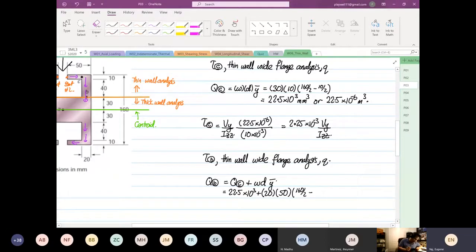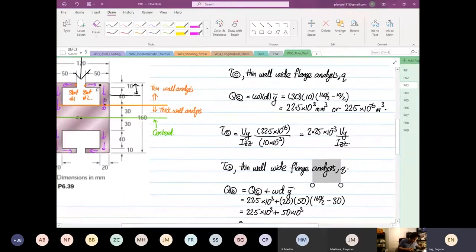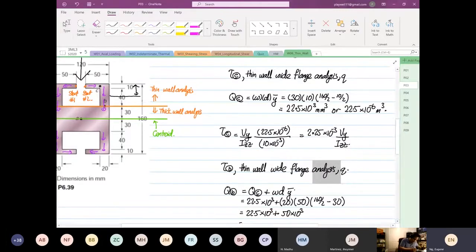So the analysis is from the outside, right? 160 divided by 2 is 80.